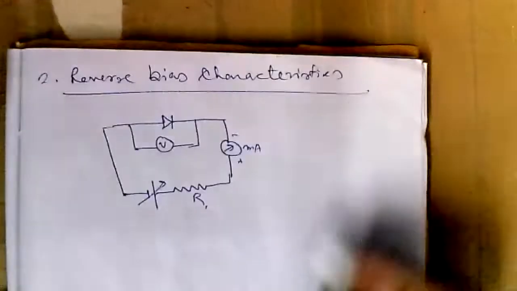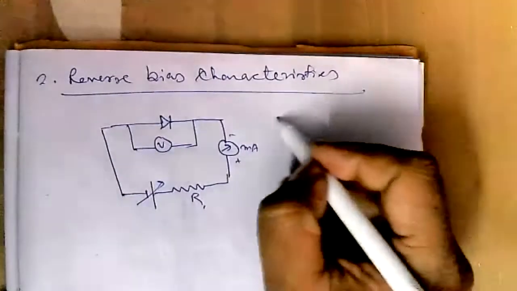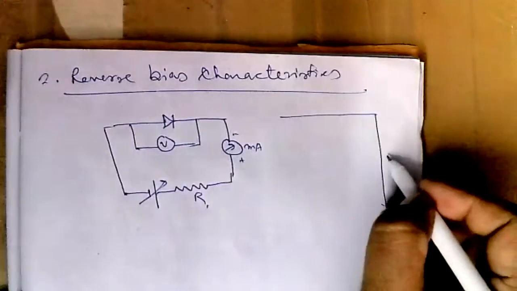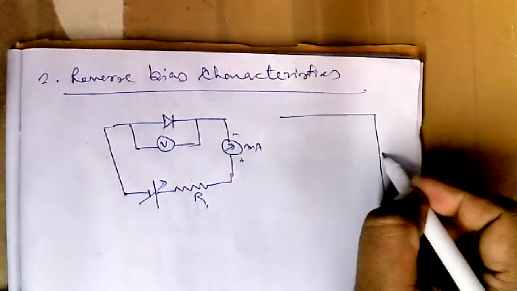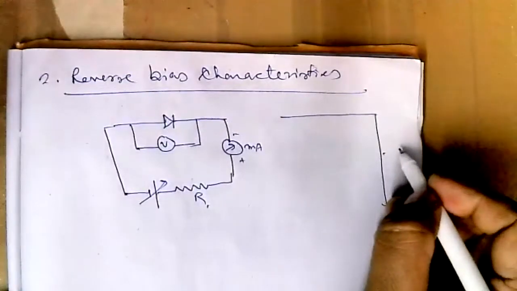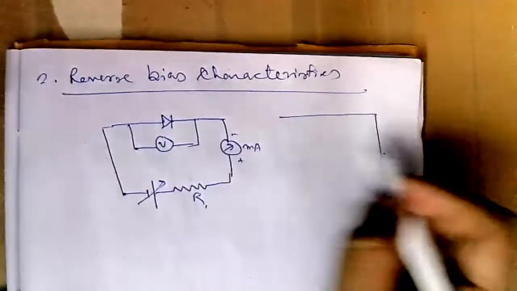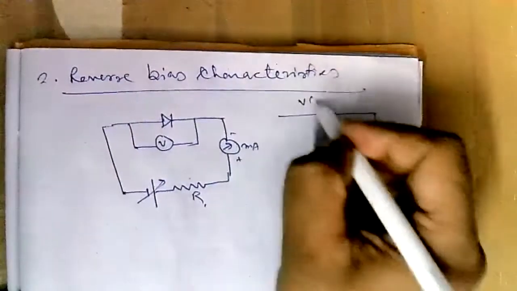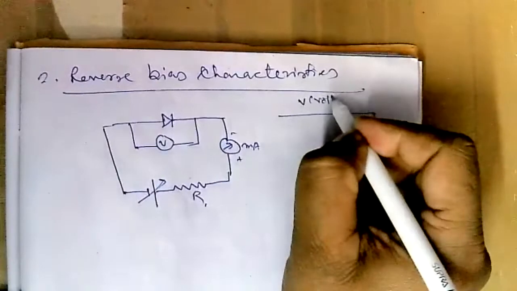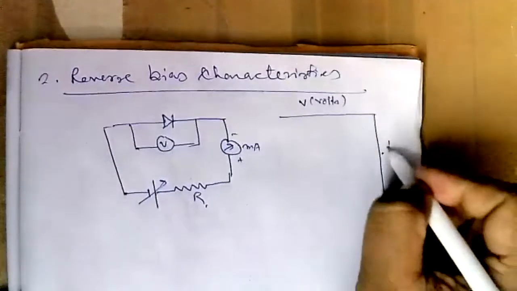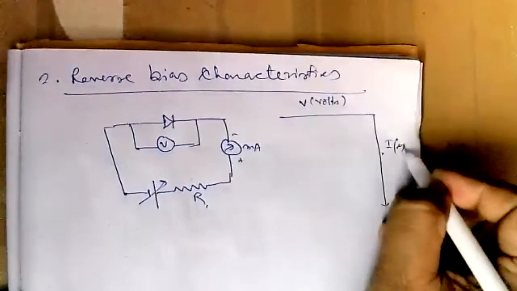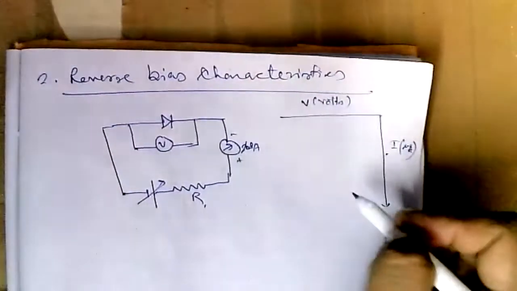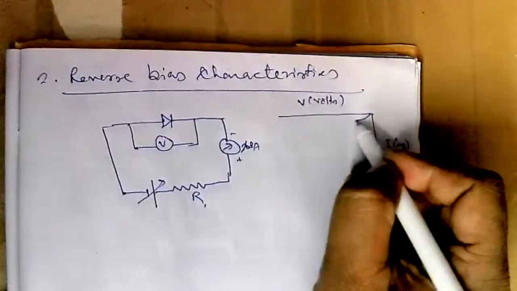Now, if I draw the characteristics, here voltage is negative. V, this is reverse bias voltage in volts, and current in microampere. So here we have to use a microammeter, and the characteristics is something like this.